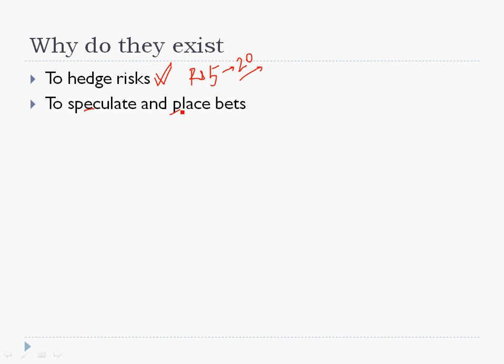If they are bullish, they would buy the derivatives thinking that the market would pick up and they would earn profit. If they are bearish, they would buy them thinking that the market would go down and they would make money. Then the derivatives could be bought for diversification, right? So you have a portfolio and you want to diversify the portfolio. For example, you trade in commodity, but now you want to trade in stocks as well, but you have limited wealth.